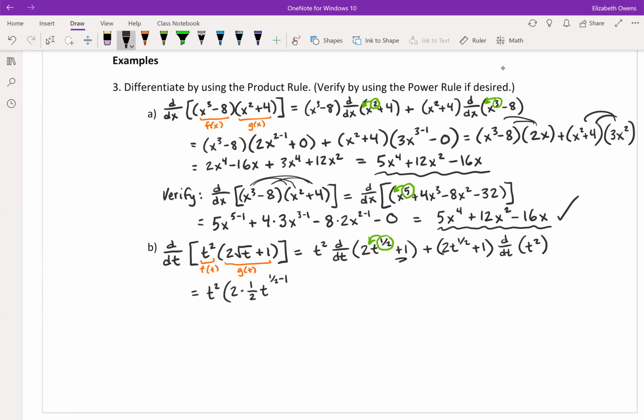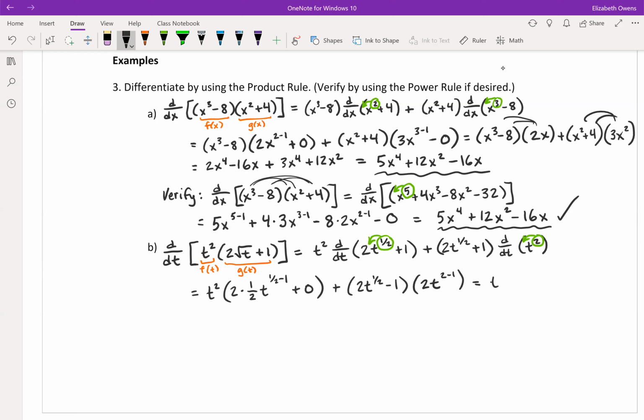Okay, and then we'll add the derivative of this constant right here, which is 0. There we go. And then plus 2t to the 1/2 minus 1. And the derivative of t squared is going to be 2t to the 2 minus 1. Okay. So let's see, what do we got here?